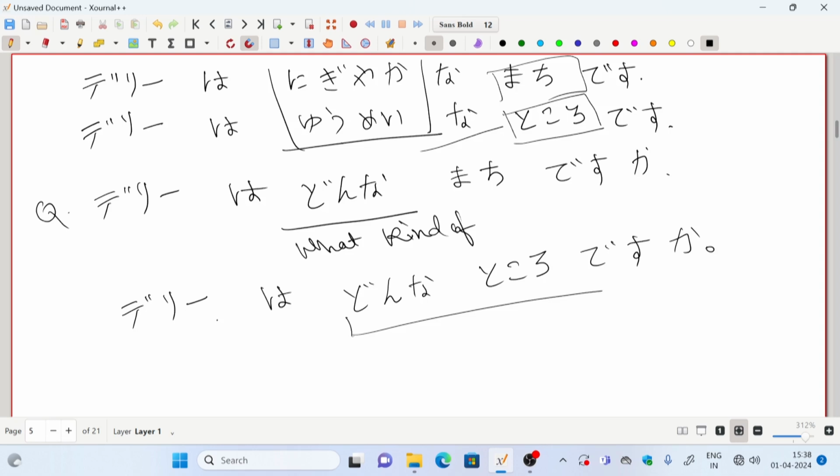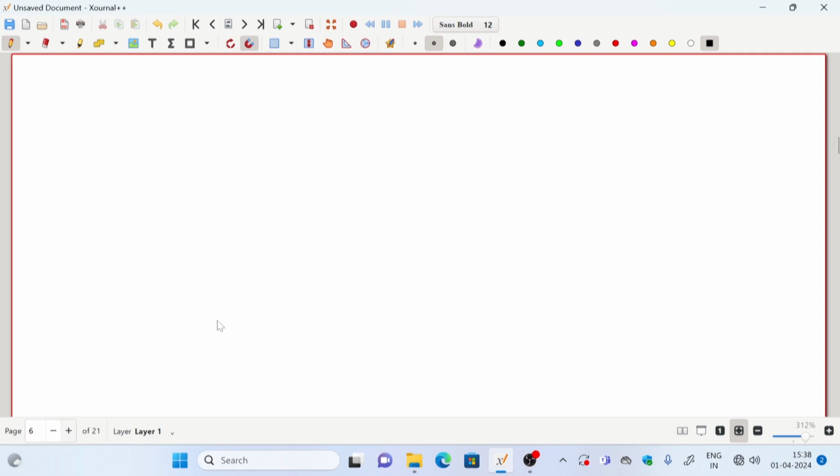Now let's start again with another use of the ga particle, and that is about locations. Now we will learn about some more uses of the ga particle.